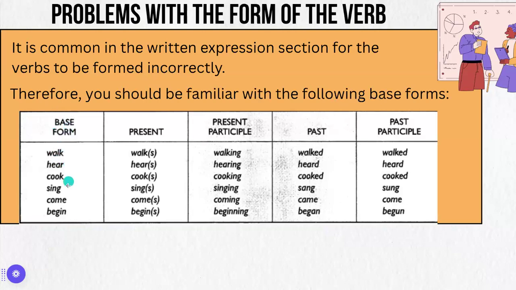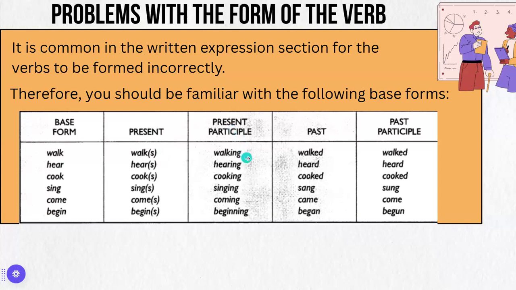So we have base form here, verb without any conjugation whatsoever. Let's look at the present form, which is walk or walks with S, if we are talking about the third person singular.